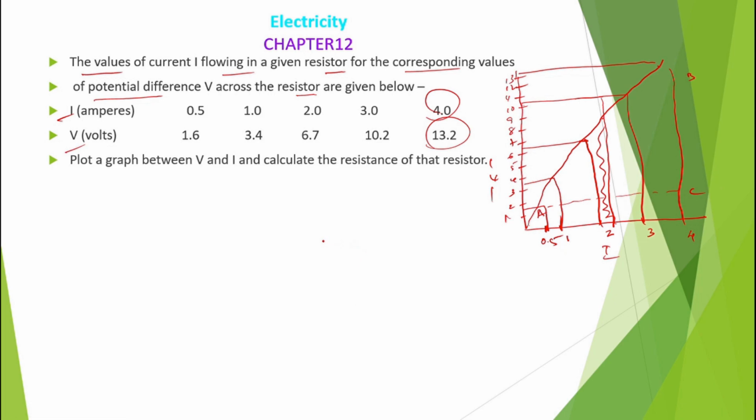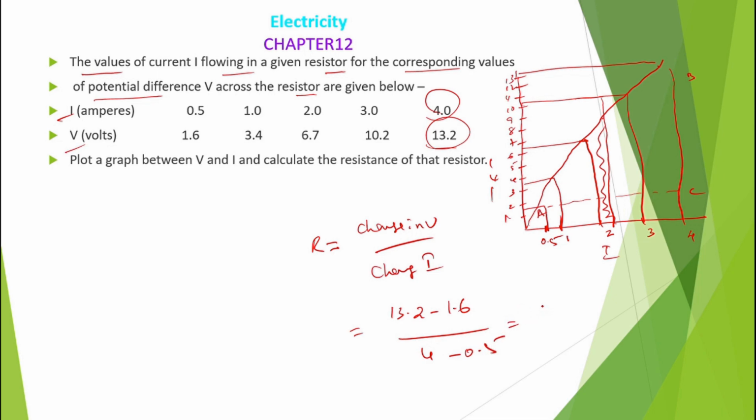Now resistance is what? Resistance is equal to change in volt divided by change in I. So change in volt means what? 13.2 minus 1.6 divided by change in current, that is 4 minus 0.5.